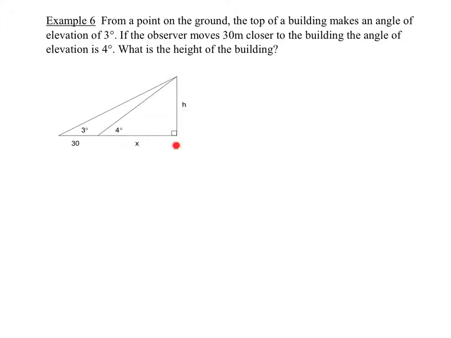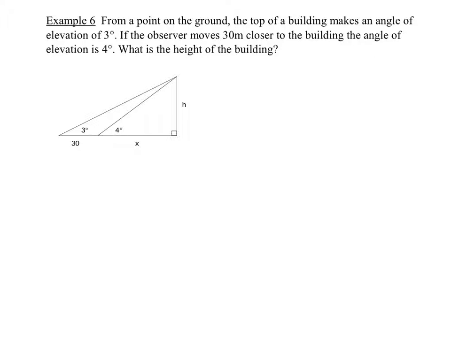Unfortunately, we don't really have the side of the triangle. We've got partial information about this big triangle, partial information about this small triangle. So we're going to have to use some special techniques to solve this.